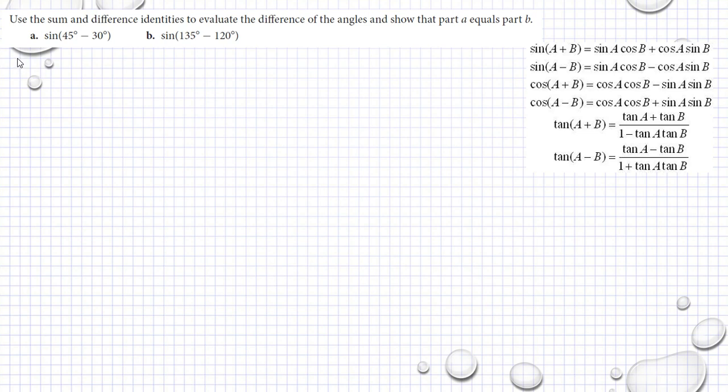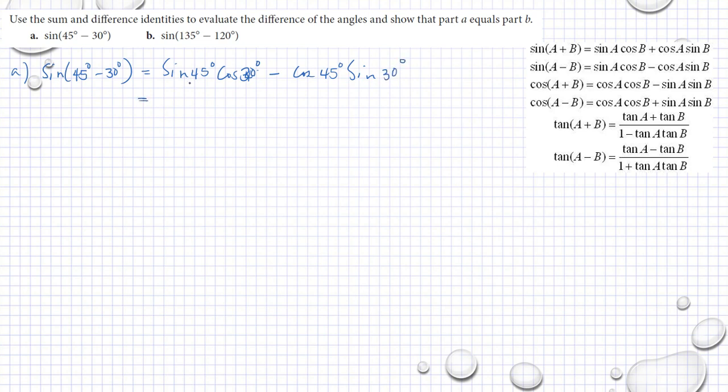For A, we have the sine of 45 degrees minus 30 degrees, which is equal to sine 45 degrees cosine 30 degrees minus cosine 45 degrees sine 30 degrees.